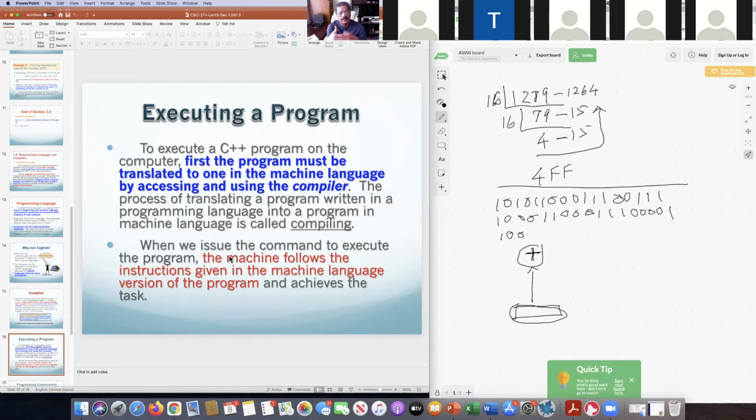Only when you select the save command will this be saved on the hard disk or external disk. So only the saved file can be translated by the compiler. The file has to be saved on a device. You can use a USB device to save it. Or if your compiler is on your hard disk, then this file will be saved on the hard disk. You don't have to use an external disk.